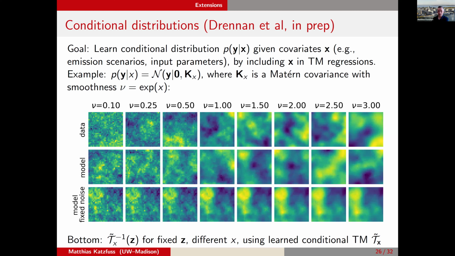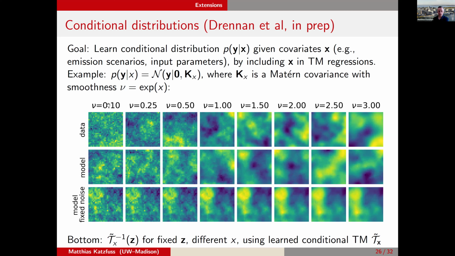And we're trying to learn the conditional distribution of Y, the spatial field, given some vector of covariates X. The way we do this, it's a lot more complicated than that, but essentially we have these regressions that I talked about earlier in the case without covariates, where we're regressing Yi on nearest previously ordered neighbors. Now we're including X in these regressions. Again, it's quite a bit more complicated than that. It brings with it a lot of wrinkles, but that's the basic idea for how we try to learn conditional distributions.